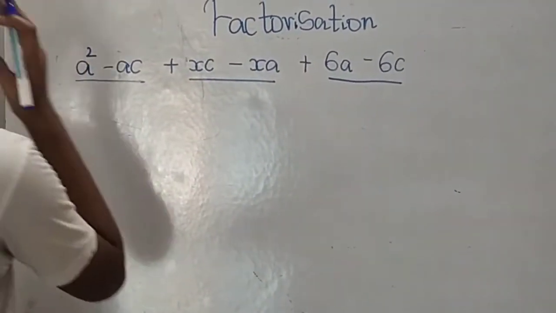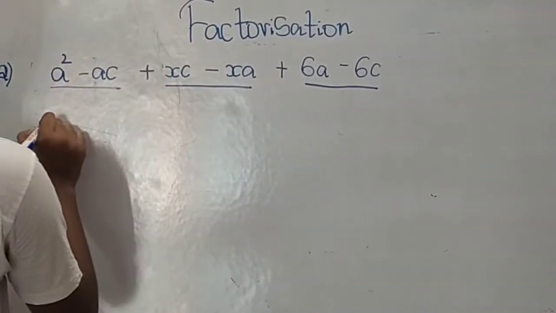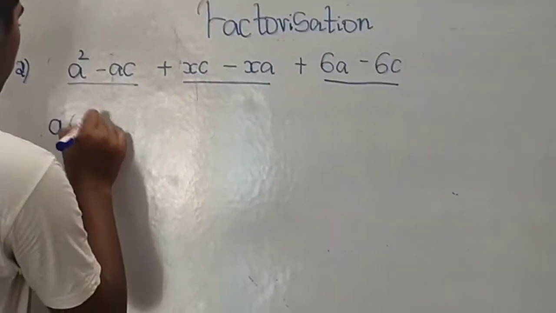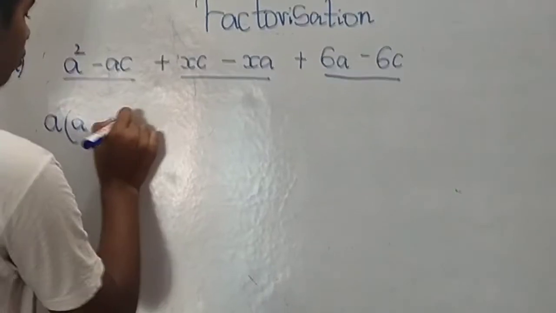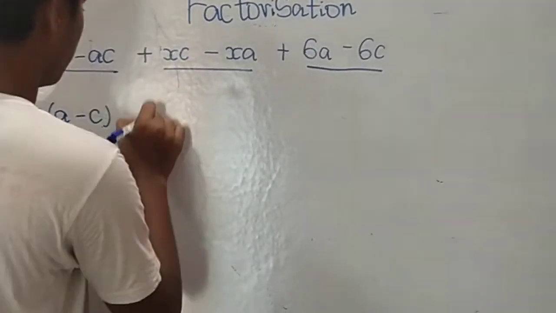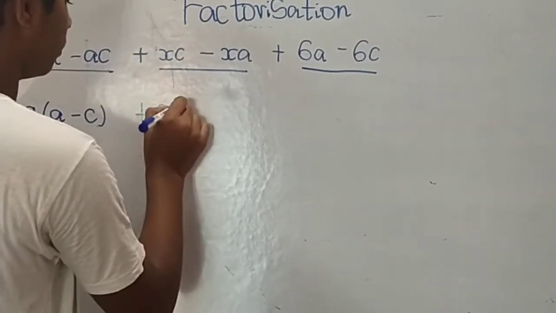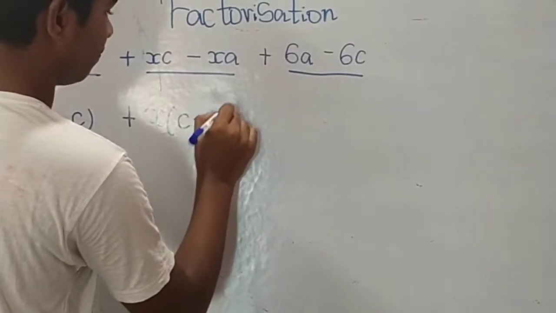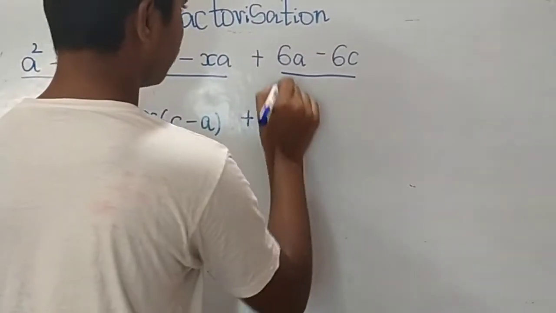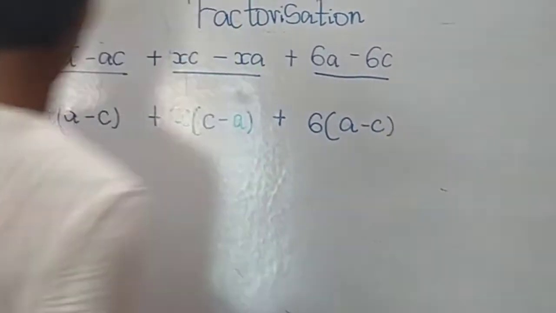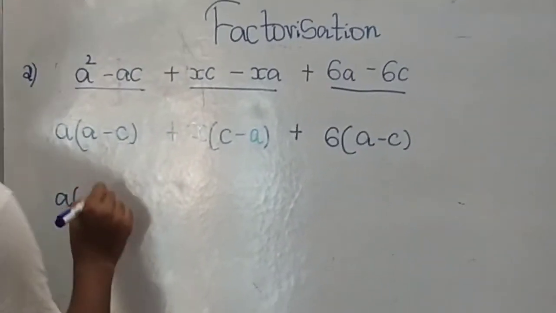In the first term, common is a: a into a gives a square, so a into a minus c. Plus here x is common, x into c minus a. Now 6 is common, 6 into a minus c. Now you have to take a minus c.